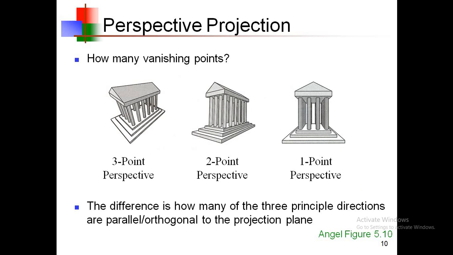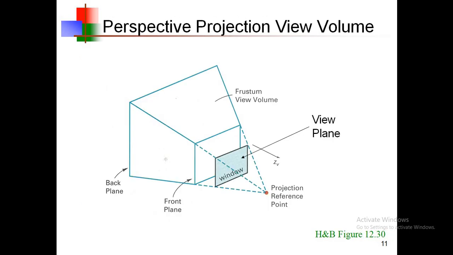The difference is how many of the three principal directions are parallel, or orthogonal, to the projection plane. In the perspective projection view volume, the projection reference point is the point of convergence, and the window is the view plane. We can see the front plane, back plane, and the frustum.